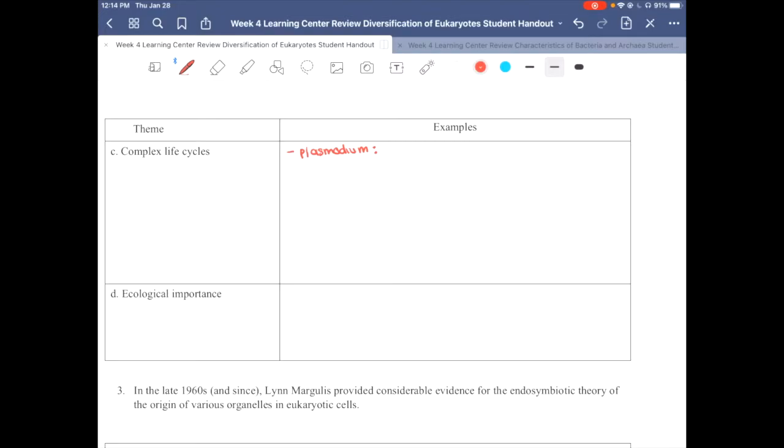So it reproduces asexually in the human host, and it reproduces sexually in the mosquito host. So depending on the host, the protist can change what kind of life cycle that they're going to utilize. So that strategy is called a two-host life.